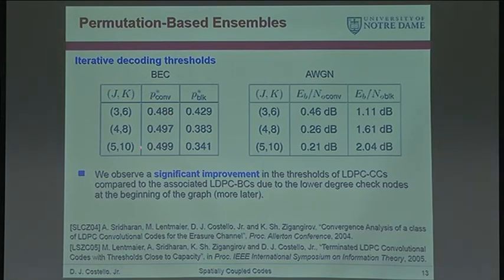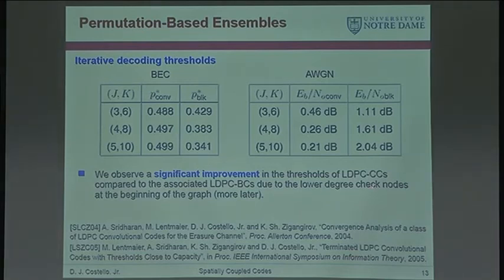In fact, at 5,10, capacity is a half, so we're essentially at capacity. And same thing in the Gaussian regime. The capacity is 0.184, so we're almost there with the 5,10. So we get a significant improvement of the thresholds compared to the corresponding block code ensembles.